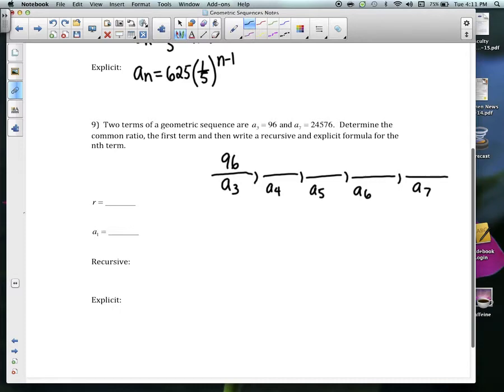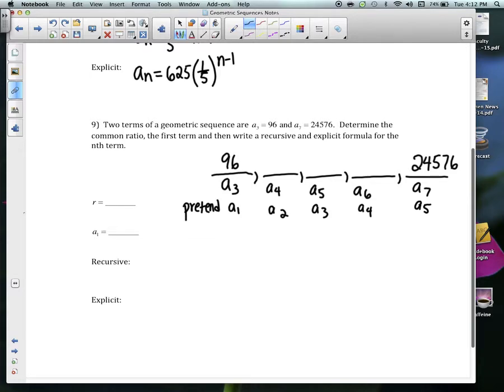This might be another type of question you would see. And then we're going to pretend like we're going from the first term. You might be thinking, why am I doing that? Well, if I do that, I can solve it the way I did the previous question.